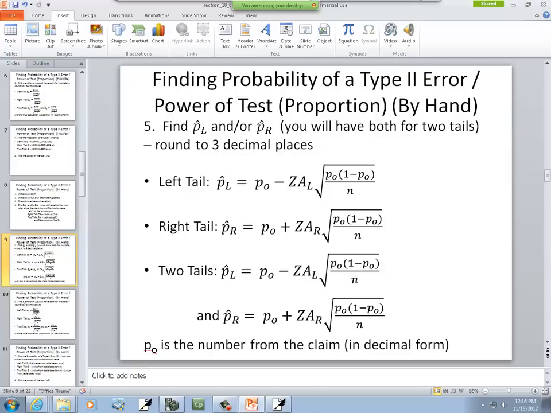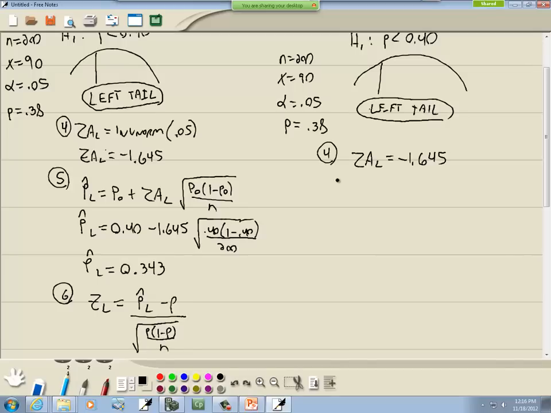Okay, step 5. So then with the left tail, it is the exact same formula. So we're going to have P hat sub L is equal to P naught plus ZA sub L, square root of P naught times 1 minus P naught divided by N. And P naught is 0.40, number off of our claim.